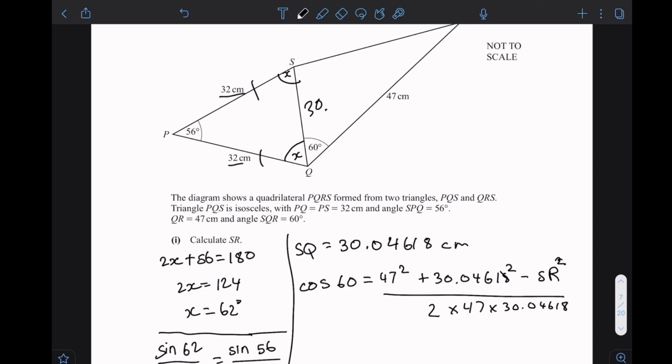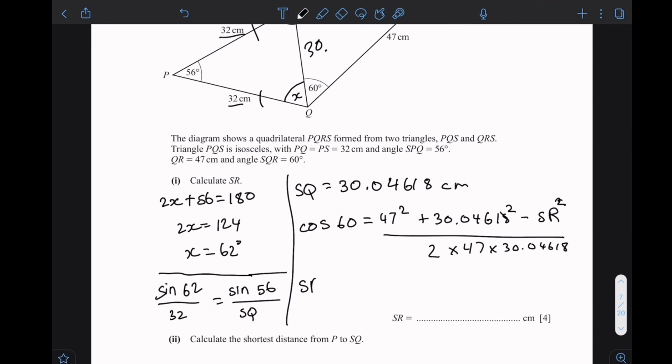I'll just write this rounded, because it's not going to make a huge difference. Multiplied by cos 60, and then SR squared is equal to 47 squared plus... I'll write the final answer after doing all the calculation.